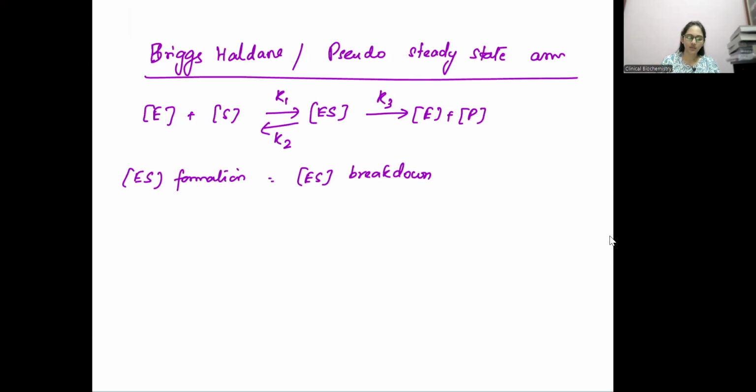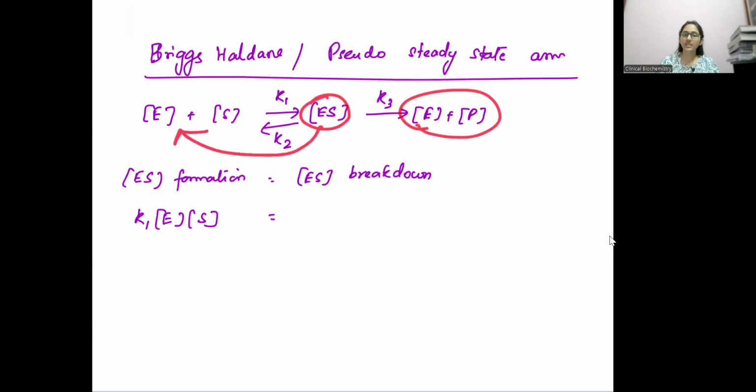What is the formation? K1 into enzyme into substrate. What is the breakdown? Breakdown involves two things: either it breaks down into enzyme and product, or it breaks down into enzyme and substrate by the reverse reaction. So we have two reactions here.